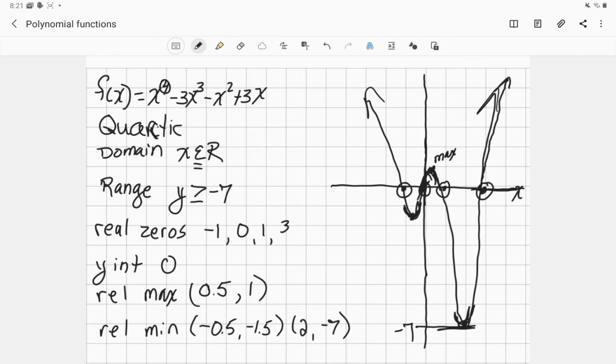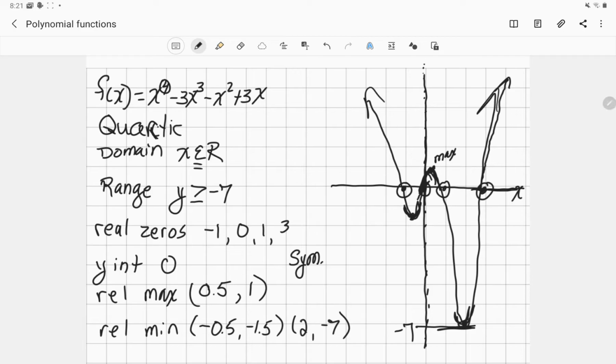Now, the next thing they asked about is something called symmetry. When we talk about symmetry, I'm only asking you to look at 2 types: y-axis symmetry and x-axis symmetry. For y-axis symmetry, if I were able to cut this graph in half right along the y-axis, would the graph be the same on the left as it is on the right?